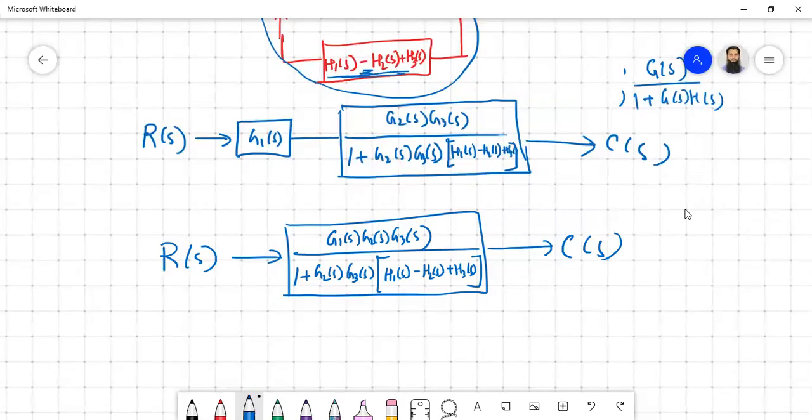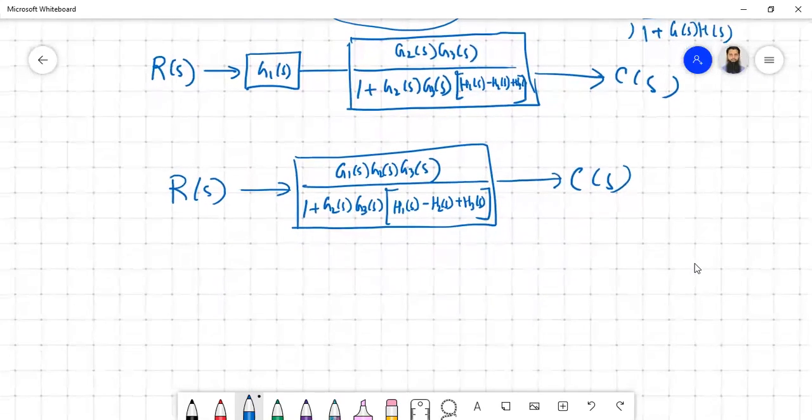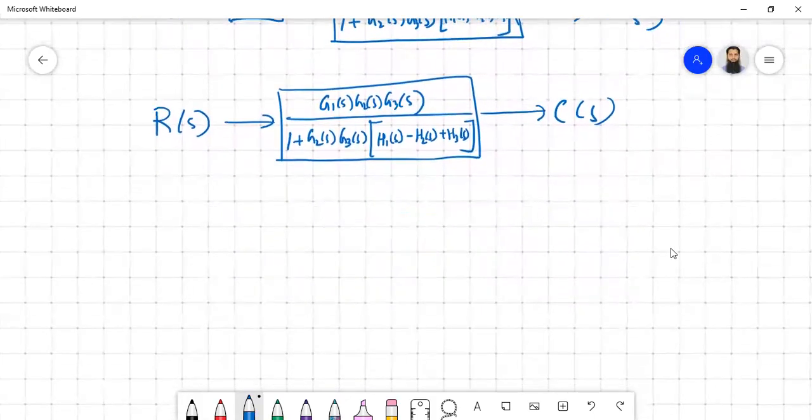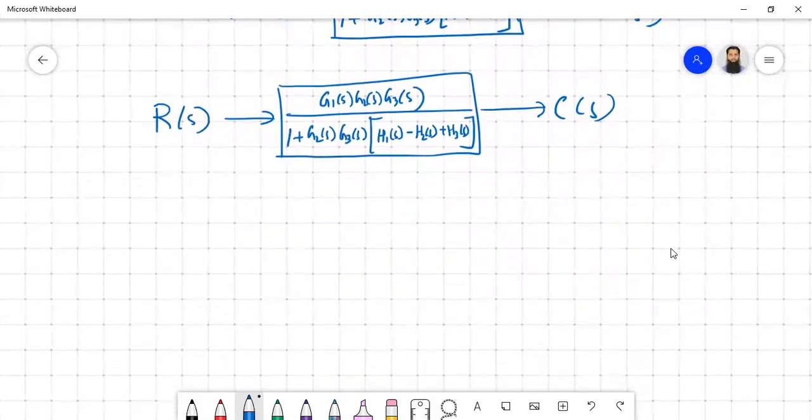Most of the time, it is difficult to find a suitable familiar form. In that case, we take the help of block movement before or after the pickoff points, so that we can bring those familiar three forms and apply them to find the corresponding block diagram reduction model.